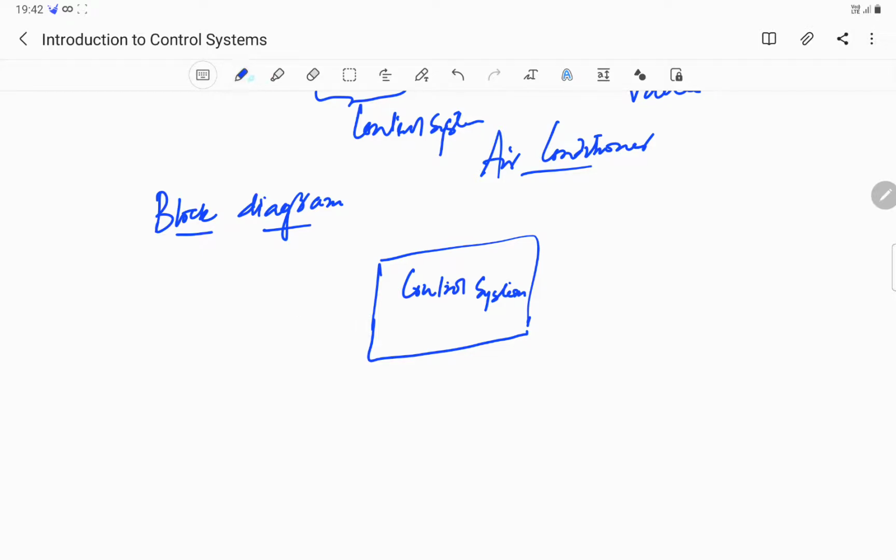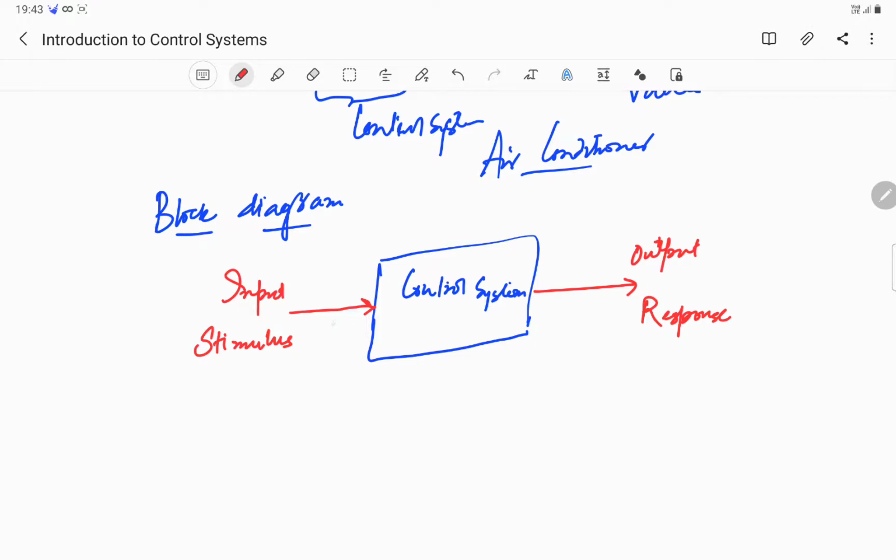We have an input to this, and we have an output. The input is also sometimes called the stimulus, and the output is also called the response.